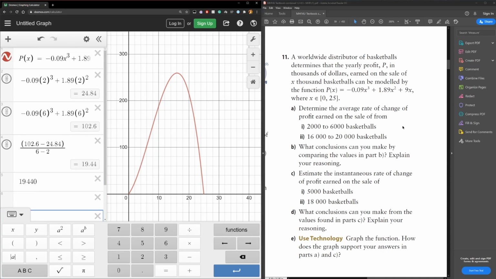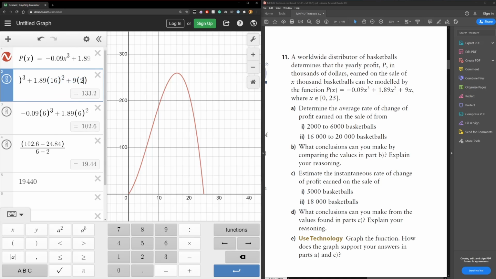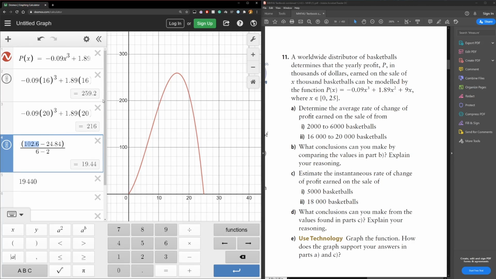We're going to do the exact same thing for part 2 of A. So let's do that. Honestly, I'm just going to quickly do 16, sorry, 16, and then 16, then 20. Oh, it might have been easier to just add a 0. Again, this is 216, and this is 259.2.